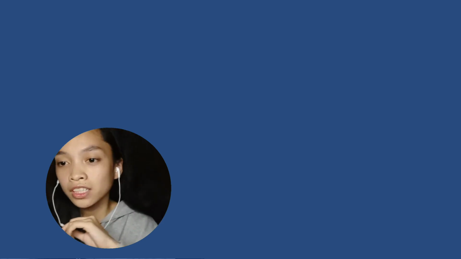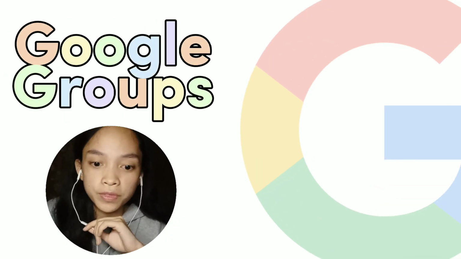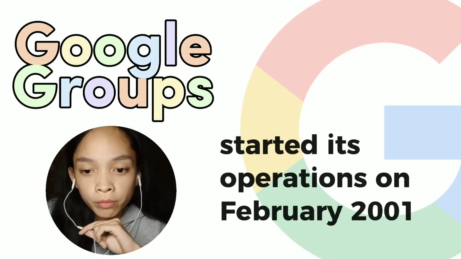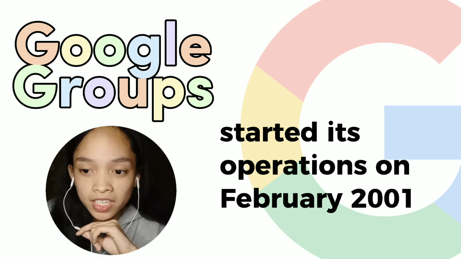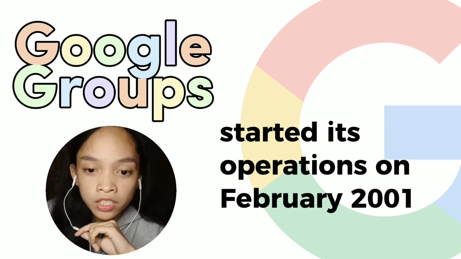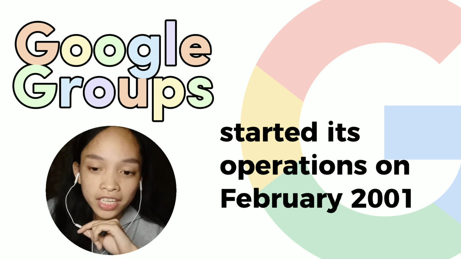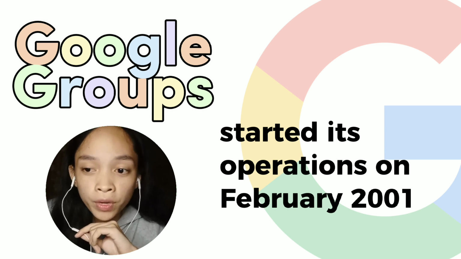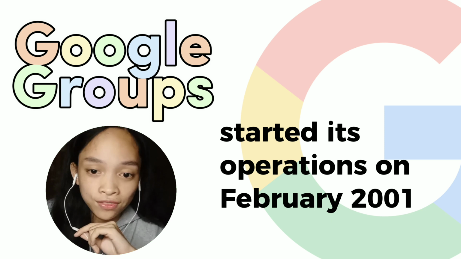Now, the last on the list of technology collaborative tools in the digital world is Google Groups and Google Forms. Google Groups became operational in February 2001 following Google's acquisition of Deja's Usenet archive. Deja News had been operational since March 1995.